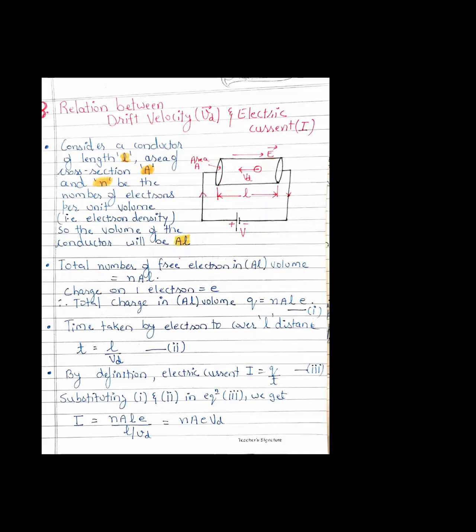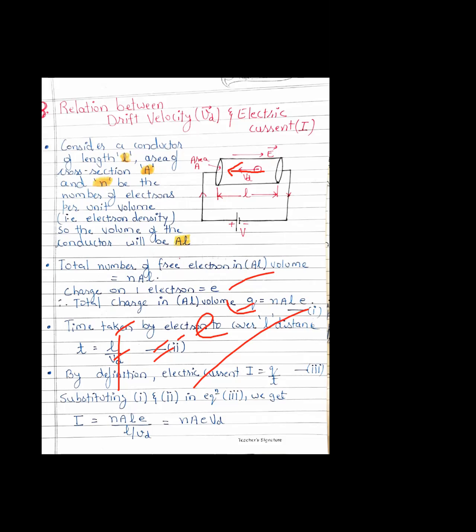Here you can see a conductor connected to a battery of V volt. This battery is going to produce an electric field from positive to negative. Because of this electric field, the free electrons present inside the conductor will experience a force F equals to minus eE, and because of this force they are going to drift towards the positive side.